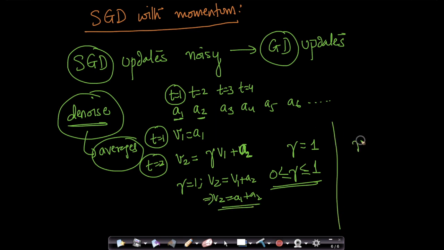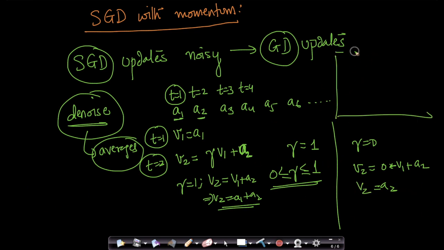What happens if my gamma equals to 0? Then my V2 equals to 0 times V1 plus A2, which is equal to A2. What happens if my gamma equals to 0.5? Then my V2 becomes 0.5 times V1 plus A2, which is equal to 0.5 times A1 plus A2.